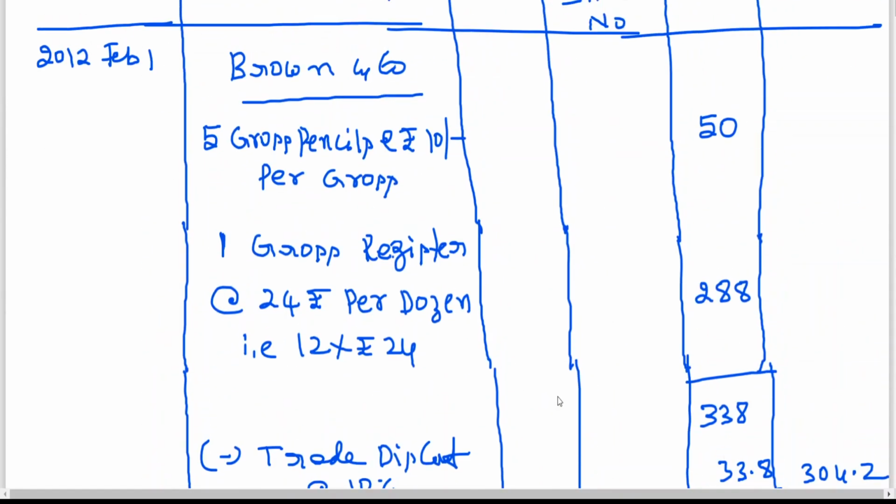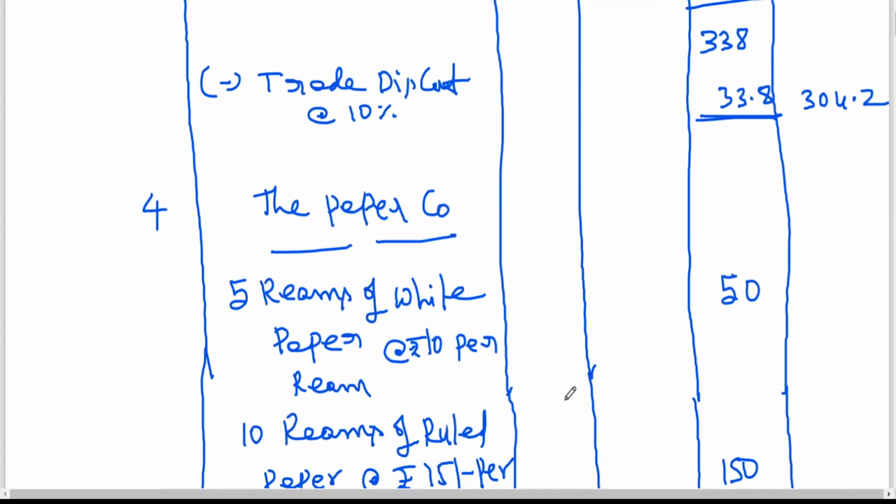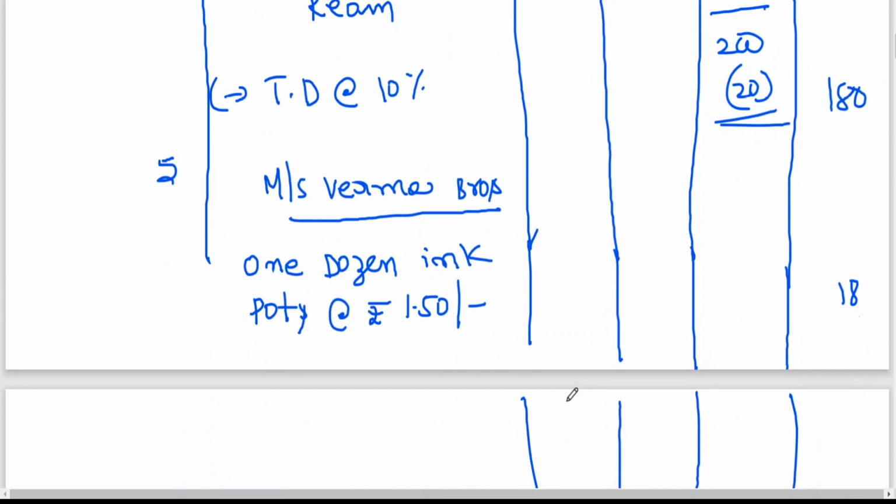So 304.2 plus 180 plus 18 is coming to 502.2.